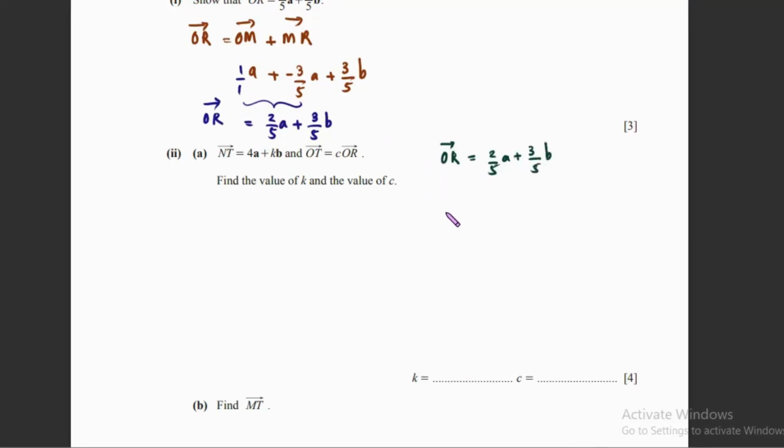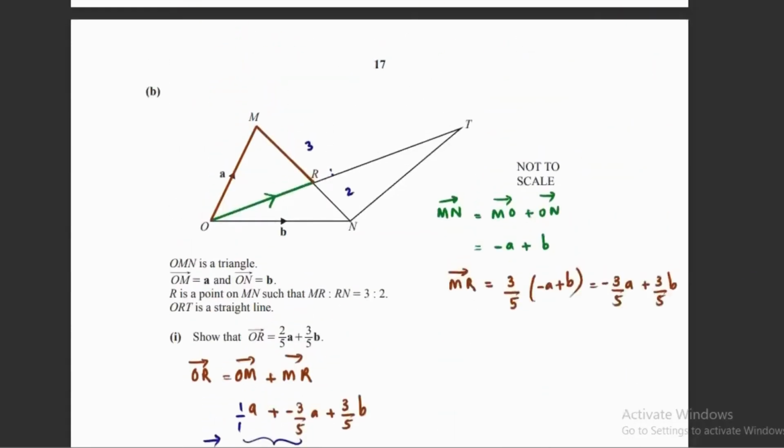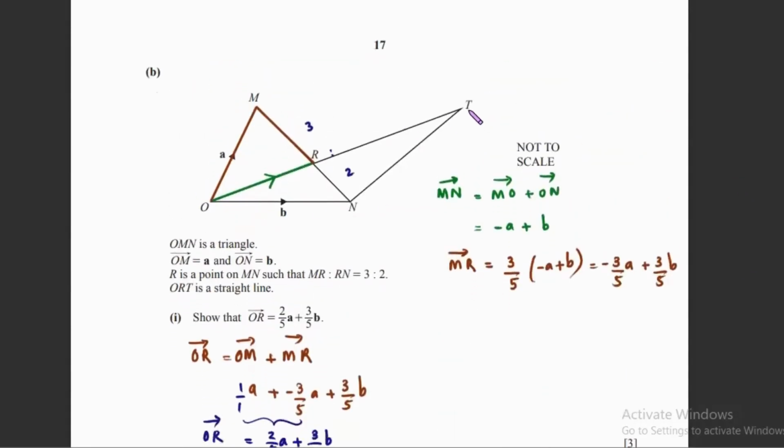And we are supposed to find what O to T is. I'm going to find what O to T is because they have formed a relationship between O to T and O to R. So to find what O to T is, it's going to be from here to here, O to T. That's going to be the same as O to N and then N to T. So I can take this route to find that.